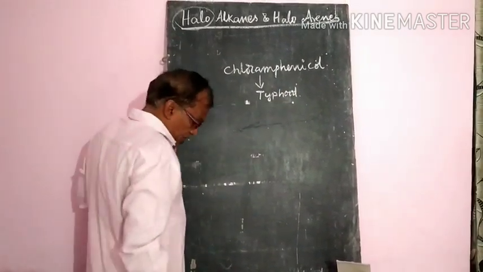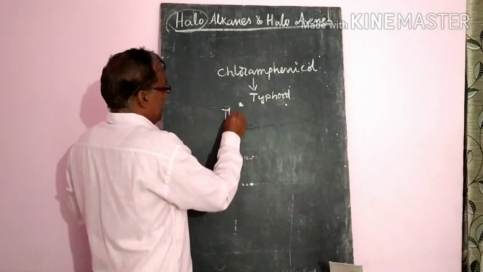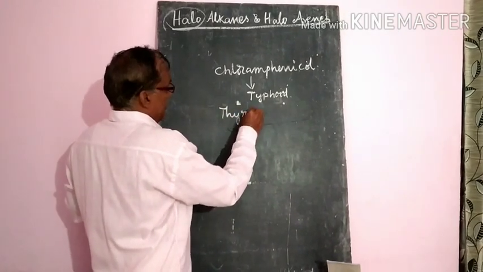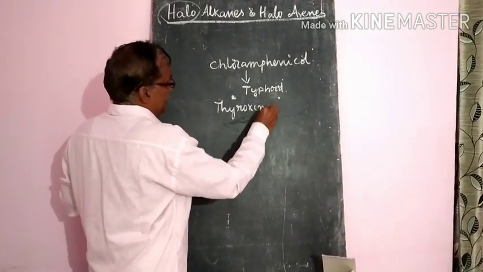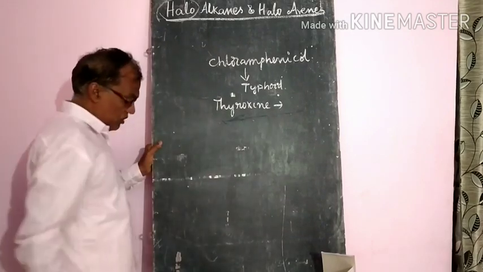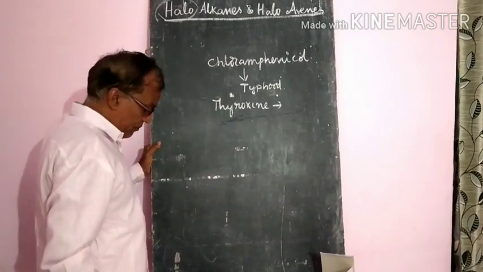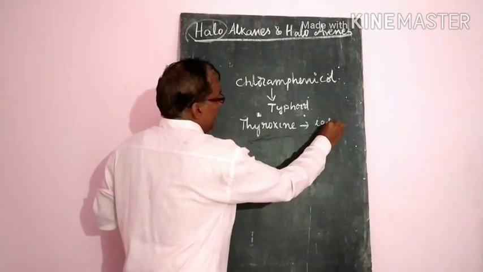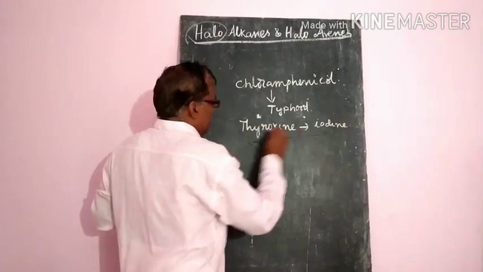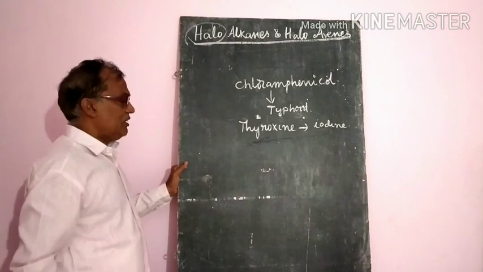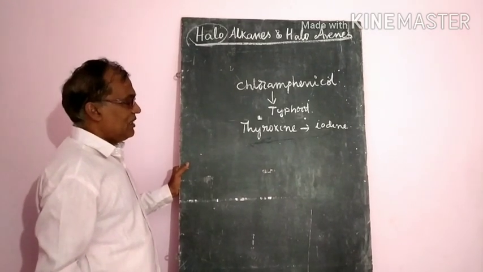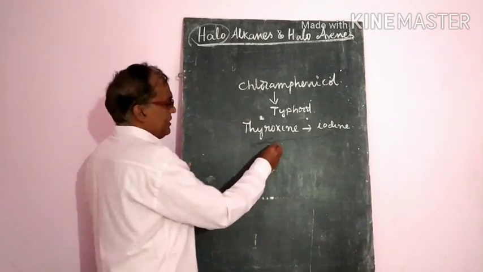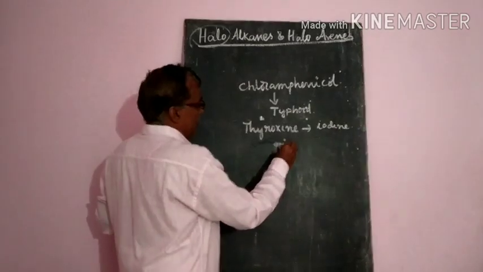Next, thyroxine. Already we know that in our body, thyroxine is the hormone which is secreted, and it contains iodine. If there is less iodine, people will get the disease goiter.